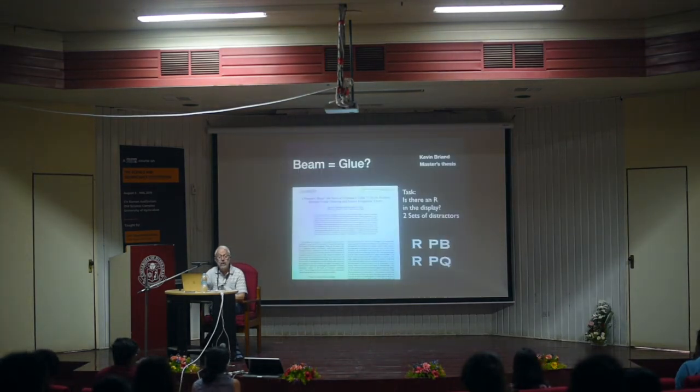I didn't dispute this, but my graduate student, Brian, did this very clever experiment where he was asking, is Posner's beam the same as Treisman's glue? And I'll be going through this experiment a little bit, I hope to make it clear.